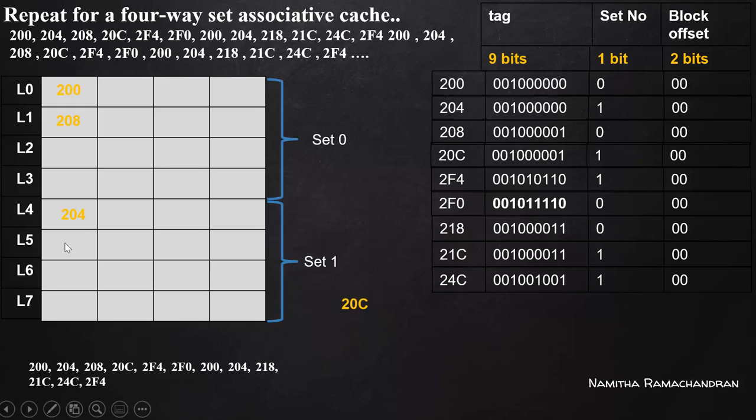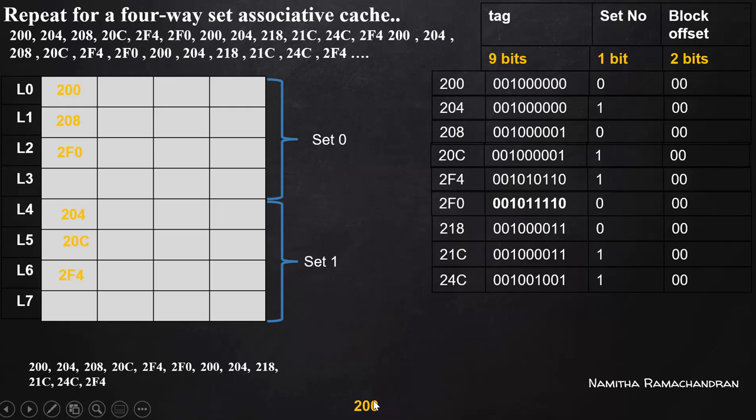Next, the following one is placed here. All these are cases of cache miss, right? Next is 2F4. We need to place it into set number 1. Next is 2F0. Place into set number 0. Again, it is repeating 200.